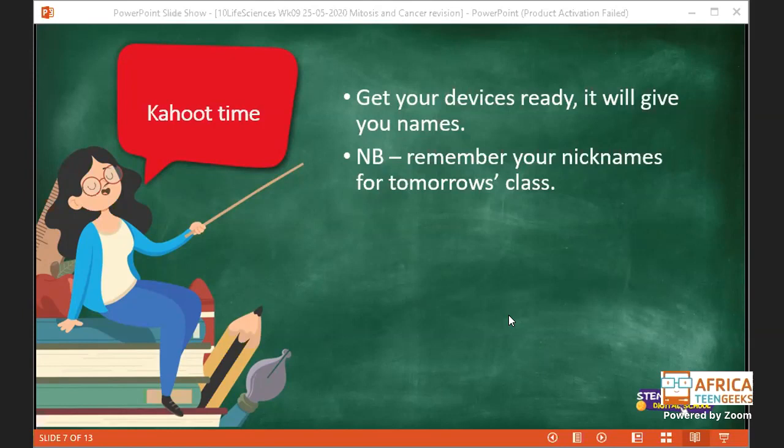And also says, NB, remember your nicknames for tomorrow's class. I believe that will also be using Kahoot, or there will probably be a reward session. So guys, let us get our devices ready for Kahoot, and let me change my screen, right? So that I can give you guys the game pin. Remember, it is kahoot.it, right? Kahoot.it.